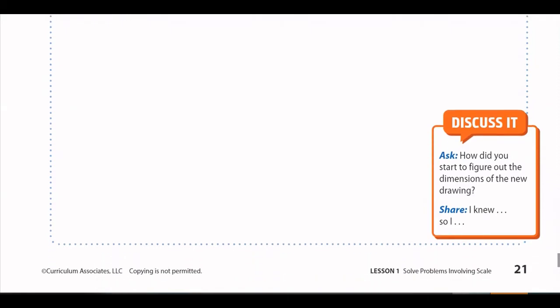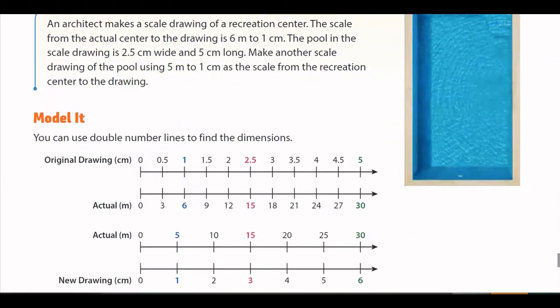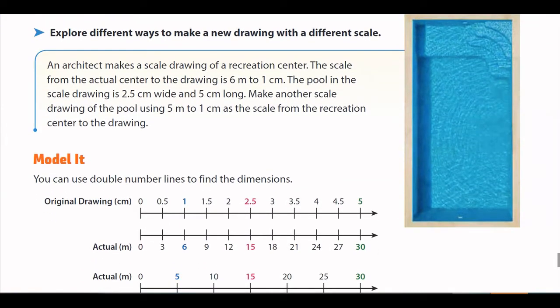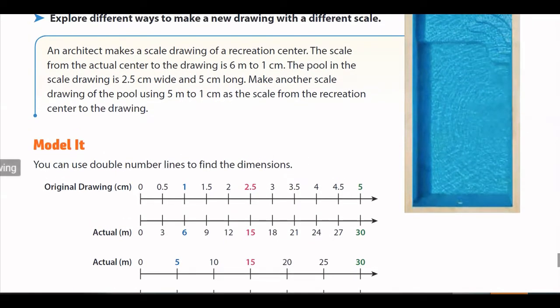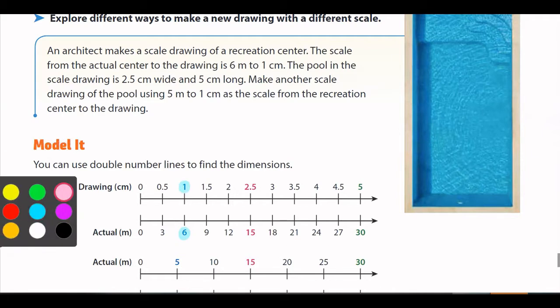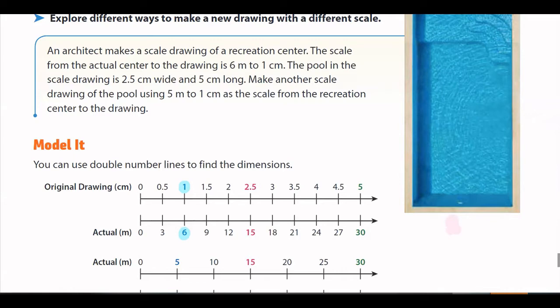Okay, so hopefully you finished that part, because now I'm going to show you how the book wants to do it. And the book wants to do it with a number line. So we've got this pool, and the original scale was 6 meters is 1 centimeter, and they had 2.5 centimeters down here, and the pool is double the length, so 5 centimeters up there.